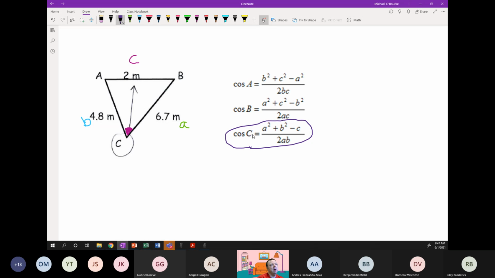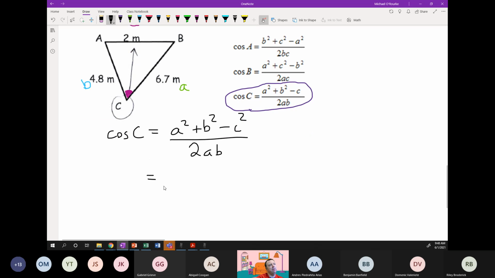I would not be upset if you wanted to rearrange it and label this A, but they're all the same. The letters just switch places. So I'd write cos C equals A squared plus B squared minus C squared, divided by 2AB.